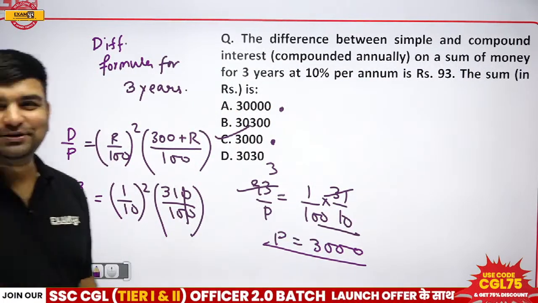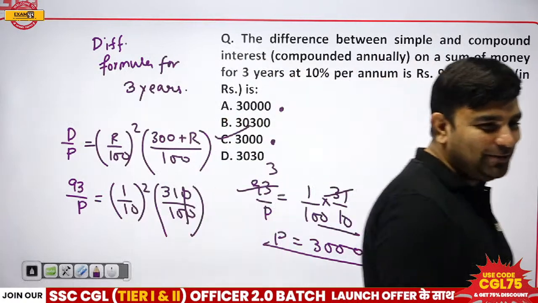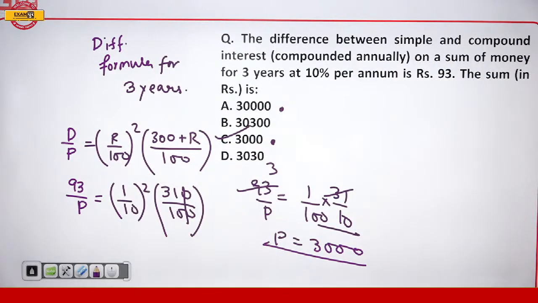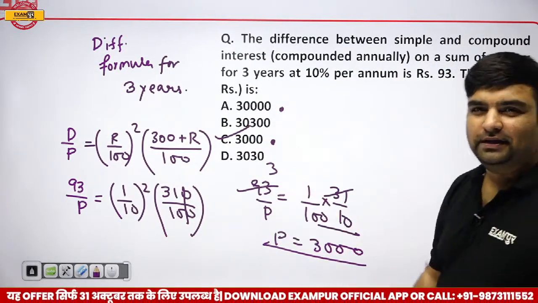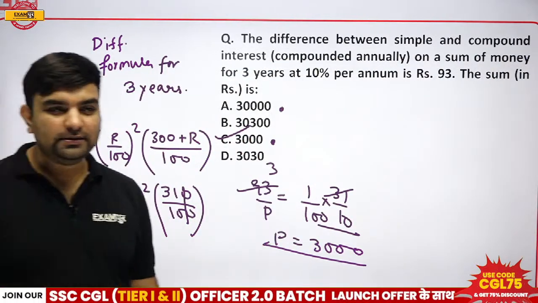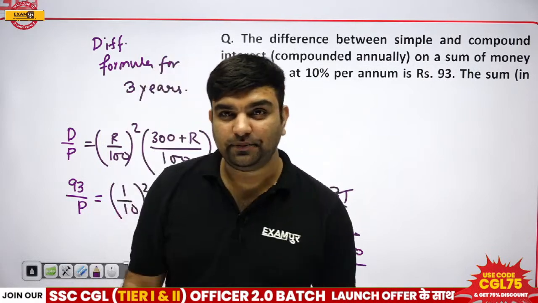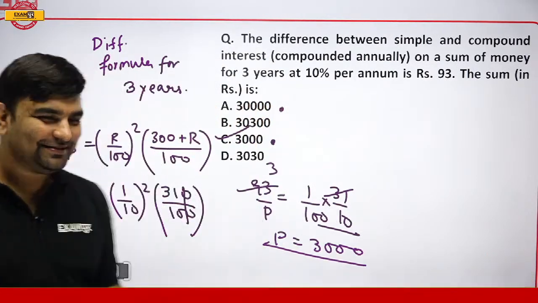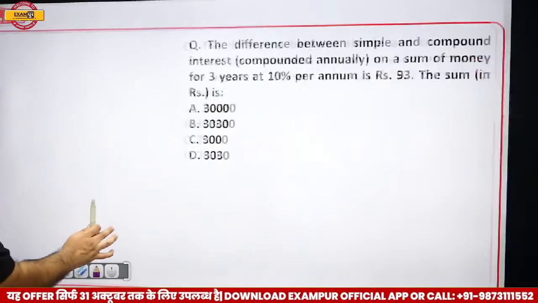Just to check your zero knowledge. Yeah, 3 zeros and 1 3, so 3000 is the exact answer, my dear. Great. Let's move on.